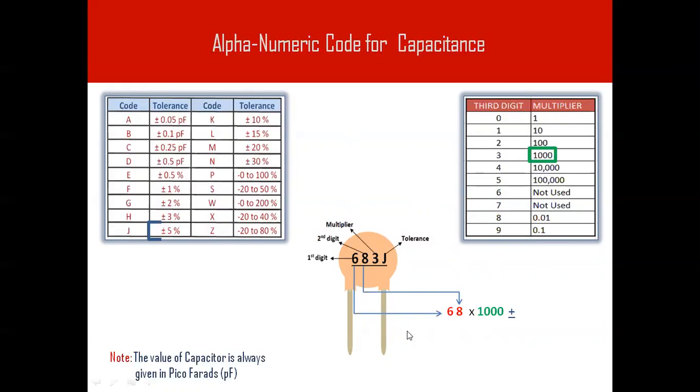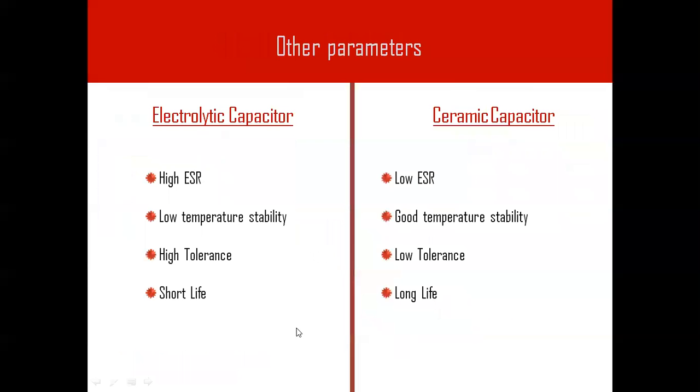And the fourth one is the tolerance, because the letter J is written, we have to take plus or minus 5% from this table. So the total value of the capacitor is 68 nanofarads plus or minus 5%. And please note, the value of capacitor is always given in picofarads.